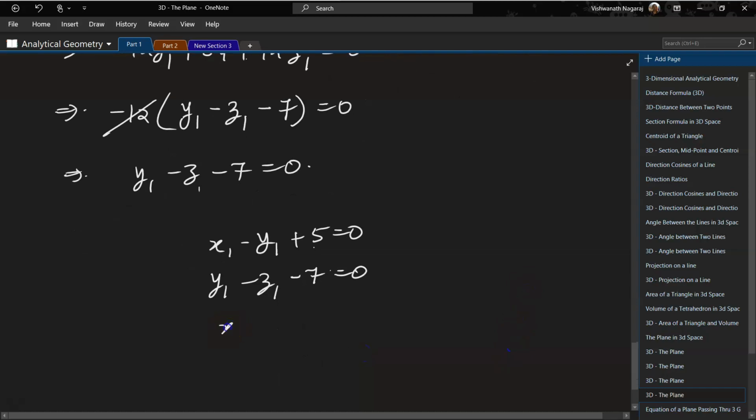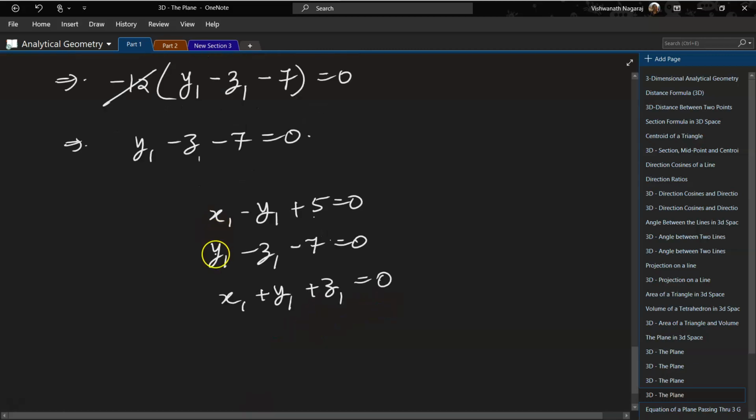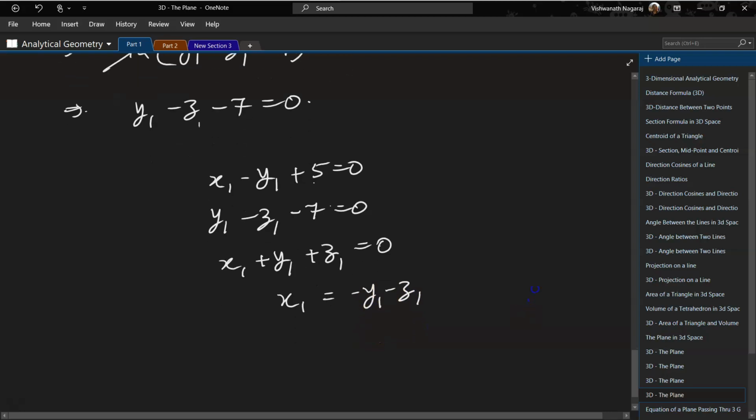And the third one is, if you remember, x1 plus y1 plus z1 equal to 0. Now, these two are not simultaneous linear equations because here we don't have z1 and here we don't have x1. But we do have this. So let's use this. Let's say x1 is equal to minus y1 minus z1.